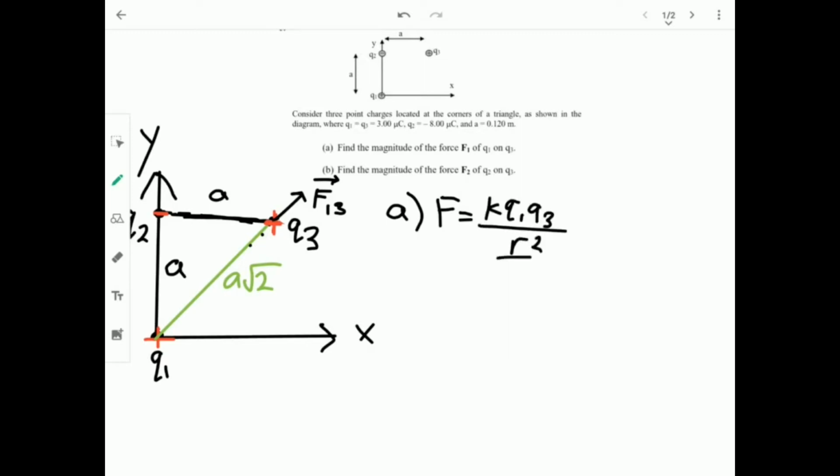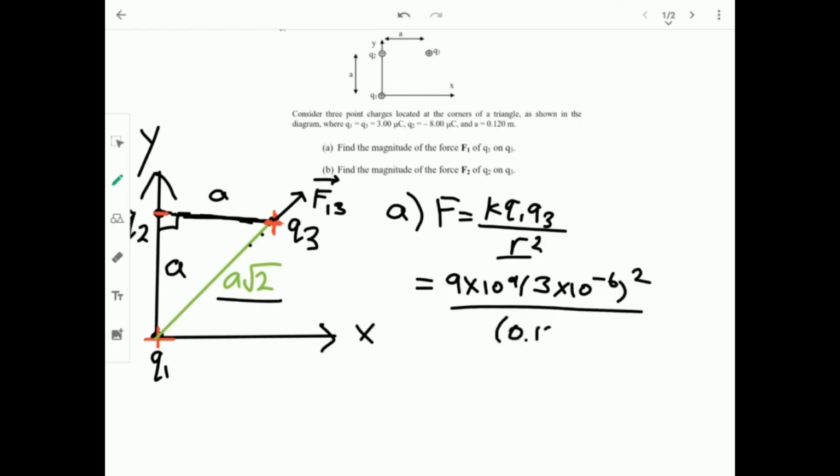Since A is 0.12, the length of the hypotenuse would be A radical 2. So once we substitute, we get 9 times 10 to the power of 9 times Q1 and Q3, which are the same, so it's 3 times 10 to the power of minus 6 coulombs, all of it squared, over A radical 2, so 0.12 radical 2, all of it squared, and you should get as your final answer 2.8 newtons.